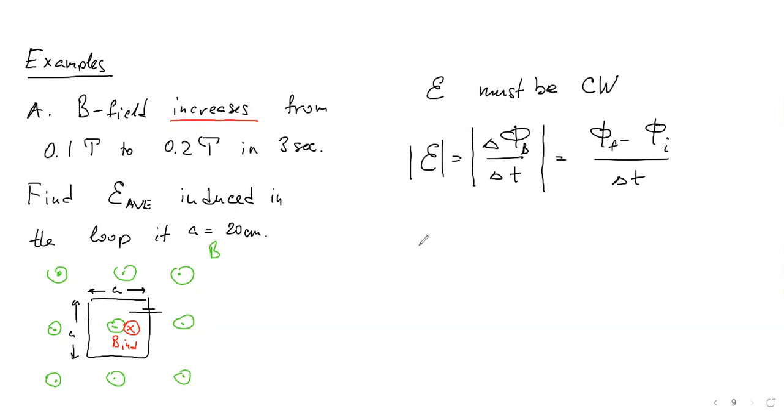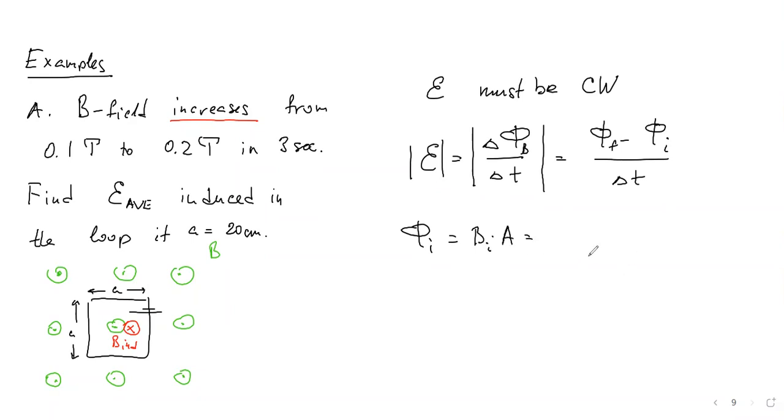Okay, so let's say my flux initial. What equation would you use? Cos theta is equal to 1, so it's just the initial magnetic field multiplied by area.